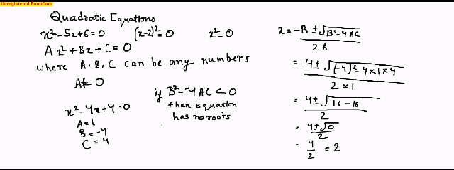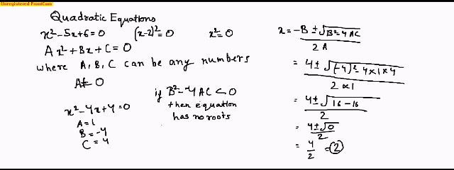Now as we see, in this particular equation we just got one value, because 4 plus 0 and 4 minus 0 both yield the same result, that is 4 by 2 equal to 2. So despite having two roots, this has only one solution.